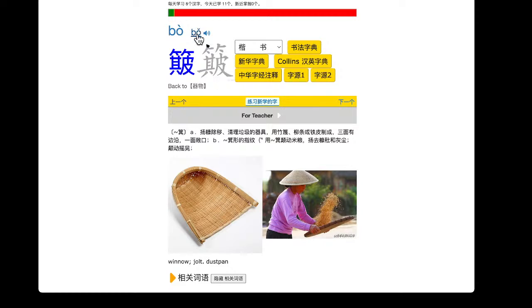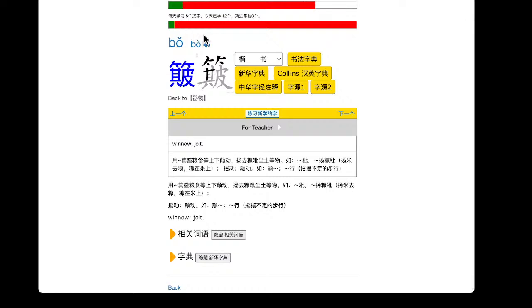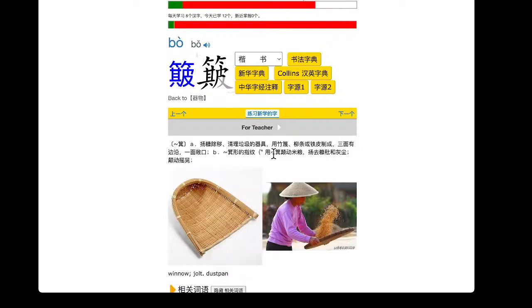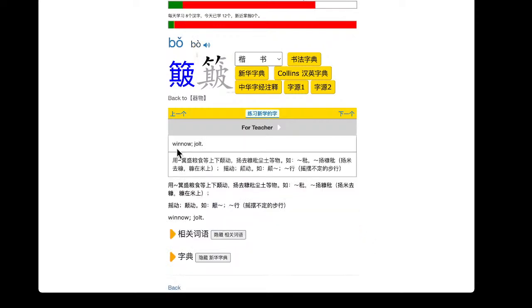And then we got another pronunciation of this character, which is bo, and bo is going to be the verb. So boji is the noun for the object, and bo is the verb for winnow or jolt, like a sharp shaking, like poking or something like that.